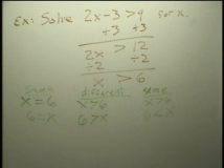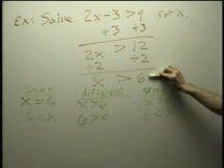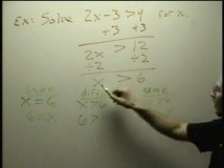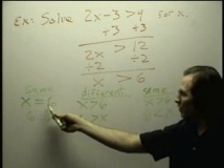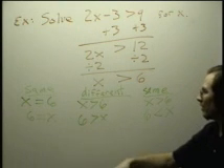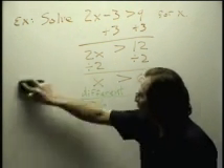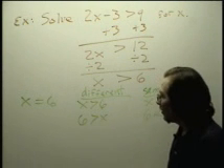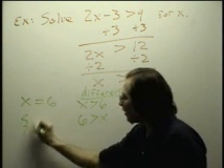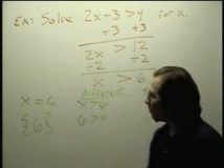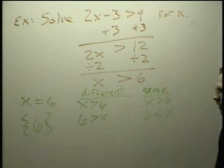The second difference is that my solution is an inequality rather than an equation. If I solved an equation and I came up with x equals 6, my solution set is just the point 6.